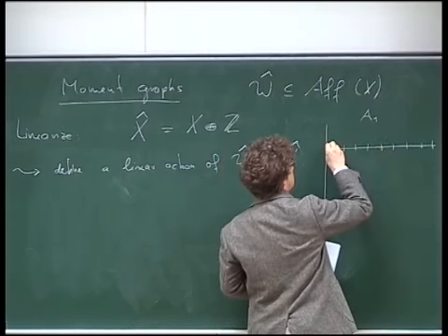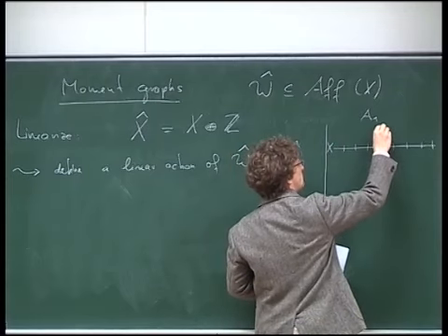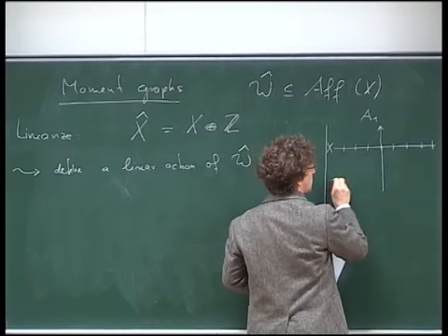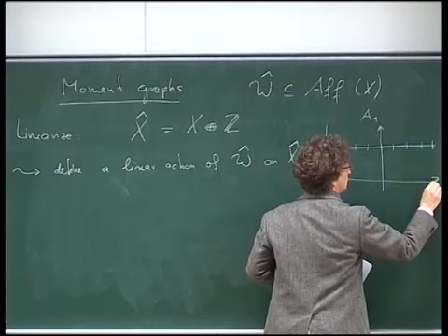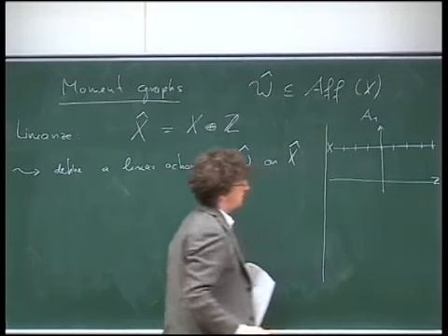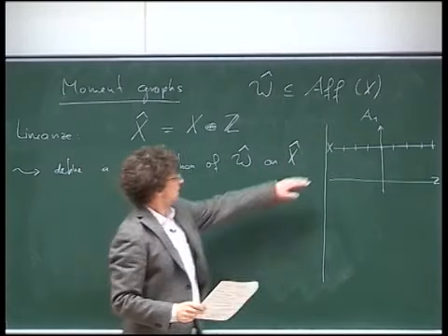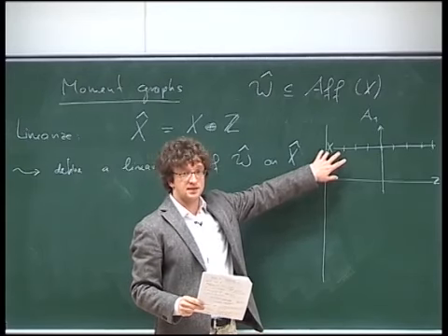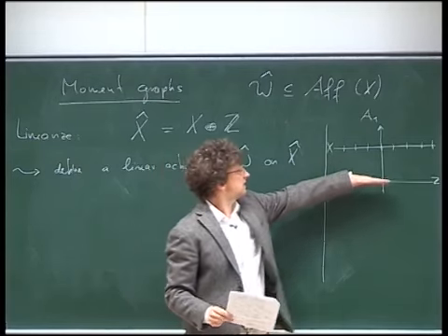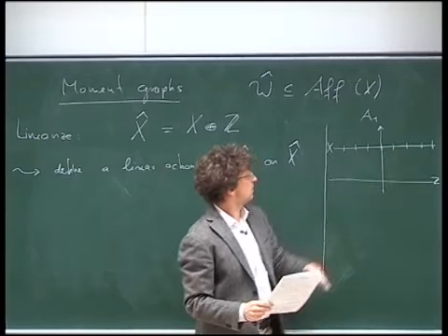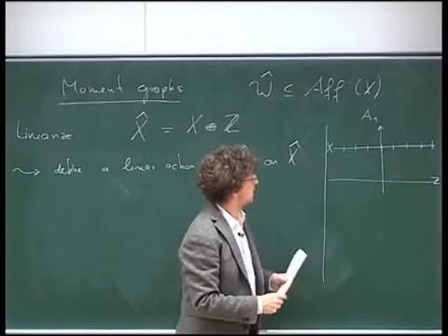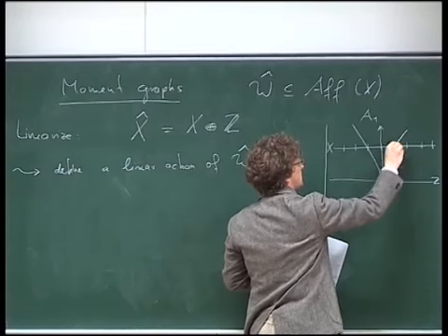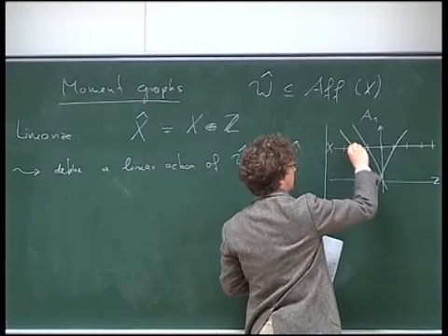And so this is X. And what we do is we add another copy of Z, and we put the lattice inside X hat, but not at the 0 section, but somehow at Z equals 1. And then we draw the linear hyperplanes generated by these affine hyperplanes.